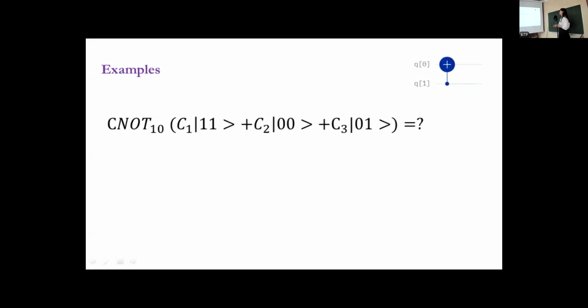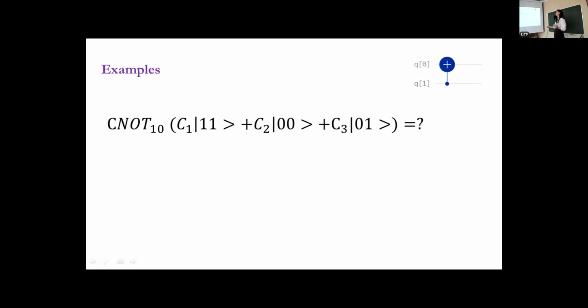And because I didn't have answers from students, maybe I will skip these examples, and just explain in a few seconds that, for instance, in this case, after the action of the controlled NOT gate, it's very important to see what indexes we have.